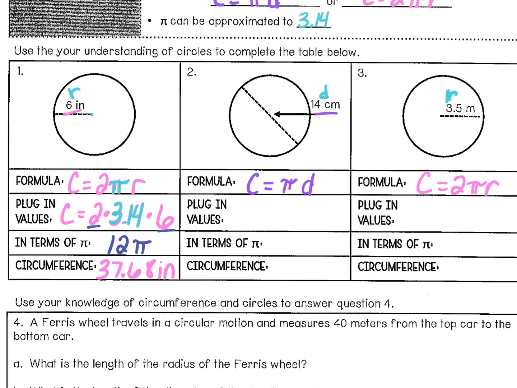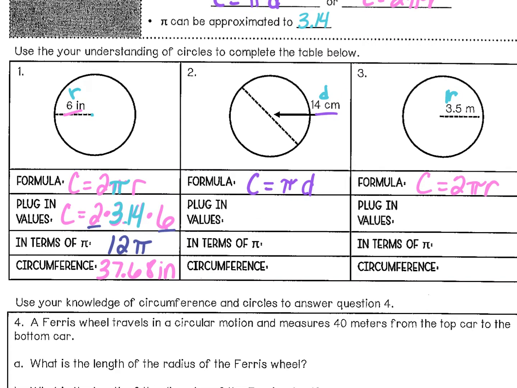If we have the diameter here, we're going to go C is equal to 3.14 times our diameter, which is 14. Okay, in terms of pi, all you're going to do here is do the diameter times pi.